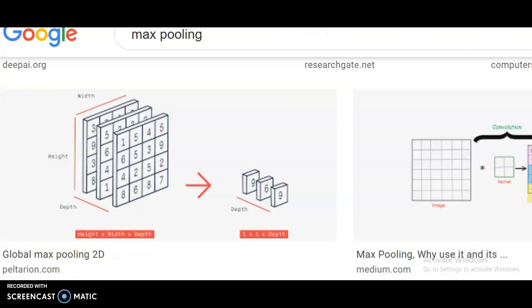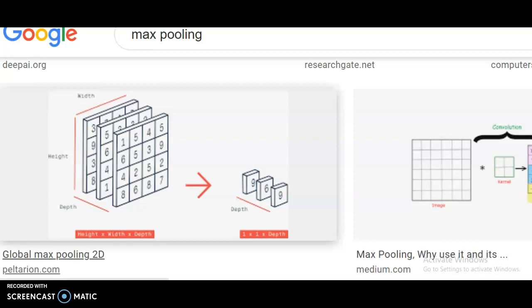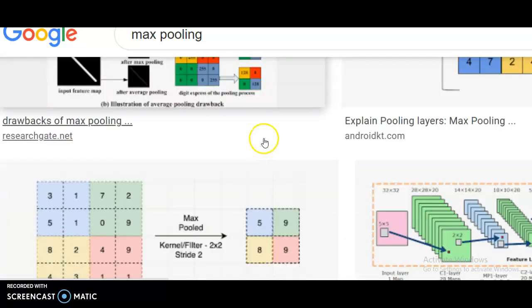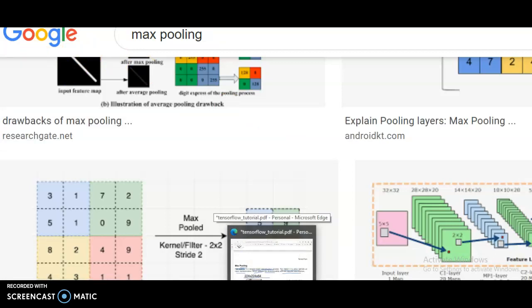Global max pooling example. So 969, that's it. So this much is enough example for maximum pooling.